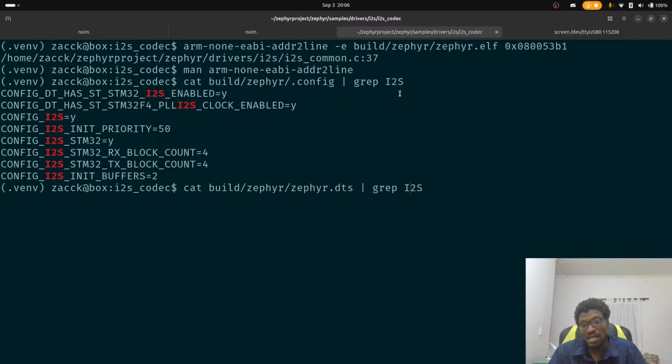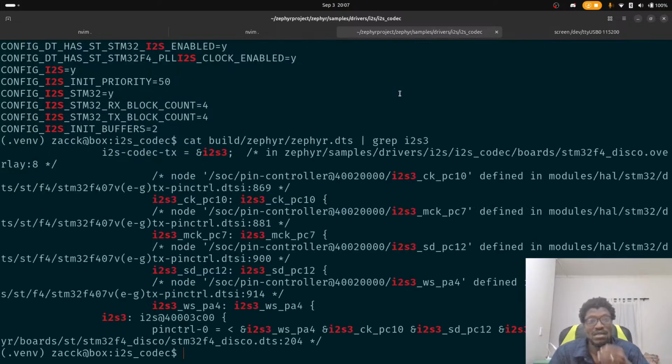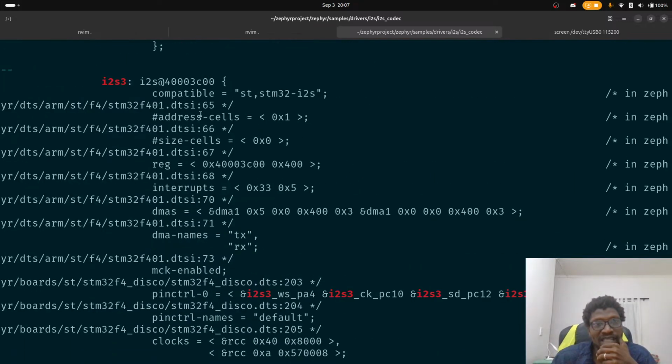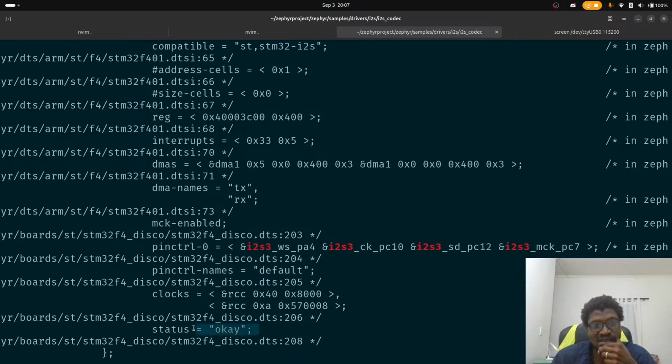Zephyr.dts grep I2S3. I2S3, this is compatible, yes. Address cells, yes. Status is okay. Pins is going to there and there.